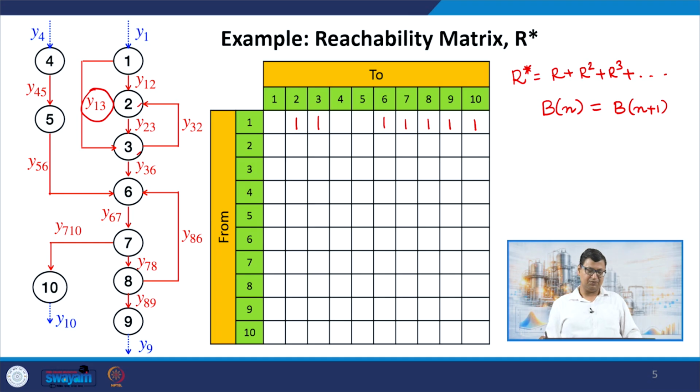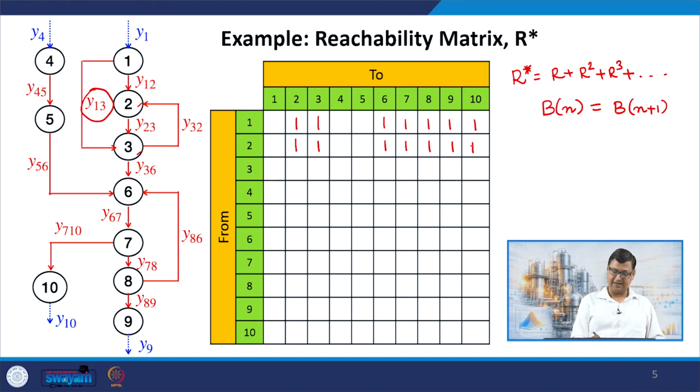Now, from 2, similarly, we can go to 3, and in fact, from 3 I can come back to 2. So, I can also go from 2 to 2 in 2 steps. I cannot come to 1, but I can come to 6 and then all the downstream vertices 7, 8, 9, 10.